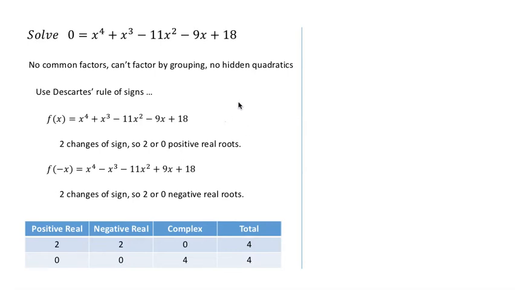The other thing that is helpful is the rational zero theorem. Now that says if you imagine this factored, it'll be x plus something, x plus something, x plus something, x plus something. All the x's multiplied together will give you x to the 4. All the somethings multiplied together will give you 18.